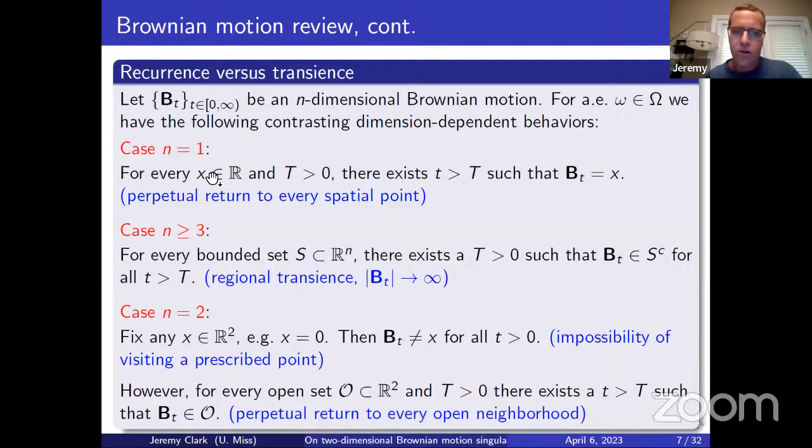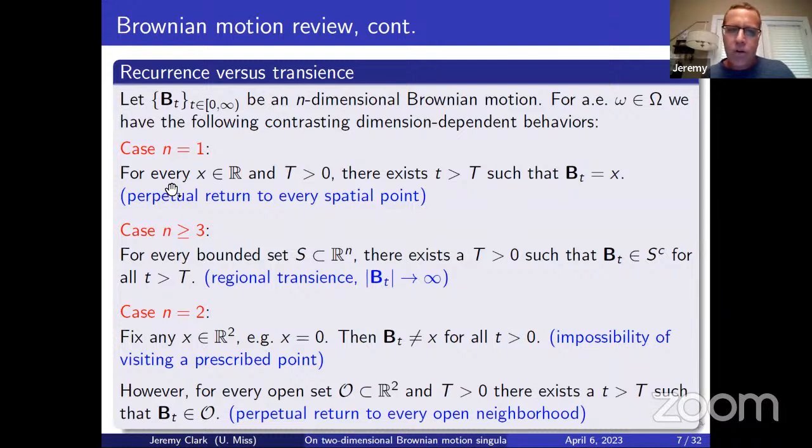If you pick any point and any large time in the future, there exists some time after that such that the Brownian motion will visit the point x. What this is telling us is that the Brownian motion will perpetually return to every single spatial point. It'll keep returning everywhere.